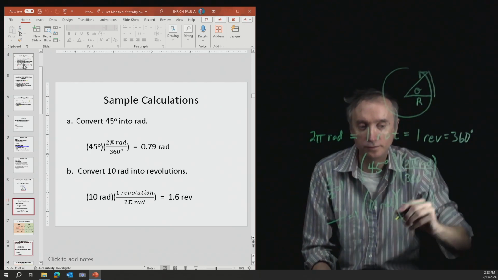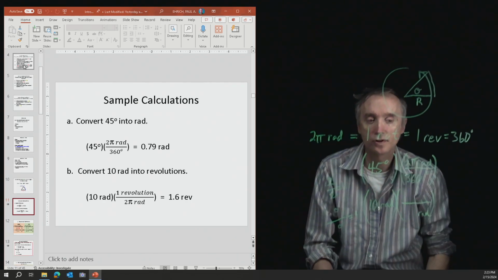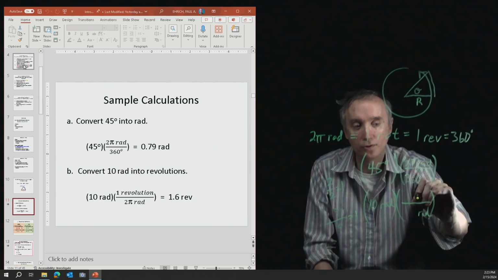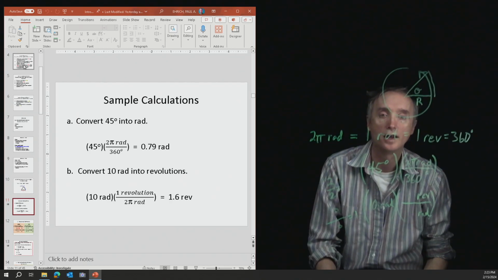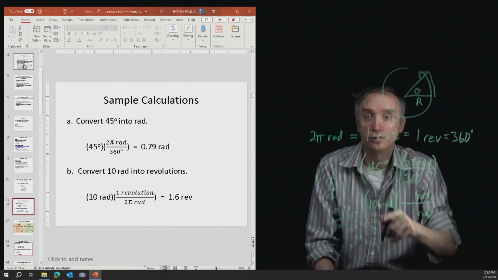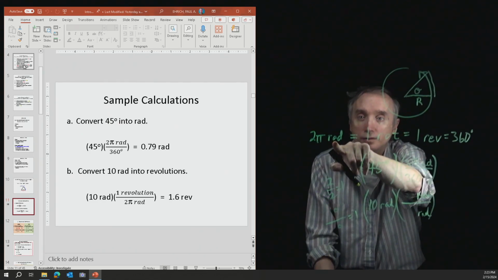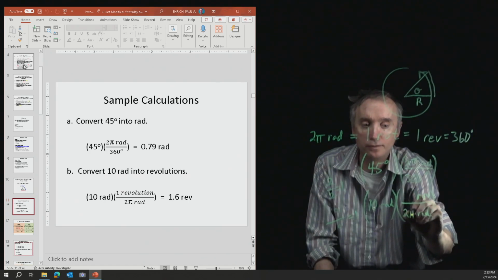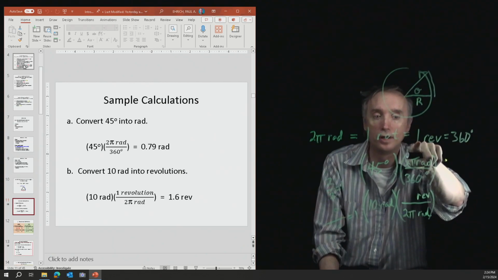The radian. So we're going to put the radian down here. And we're trying to go to what? Revolutions, so that means we need to put the word revolution up there. And then now go back up to here. So next to the word radian is 2 pi. So we'll put 2 pi there. And then next to the word revolution was a 1.